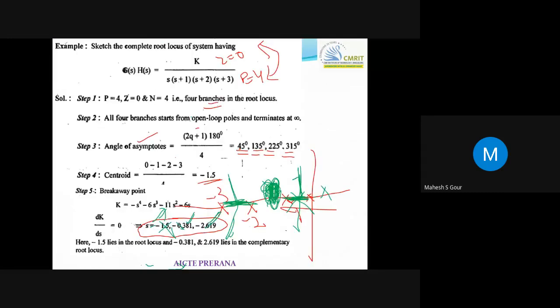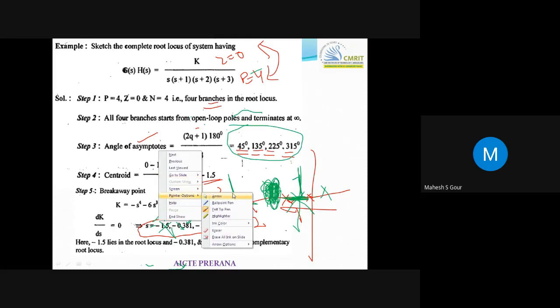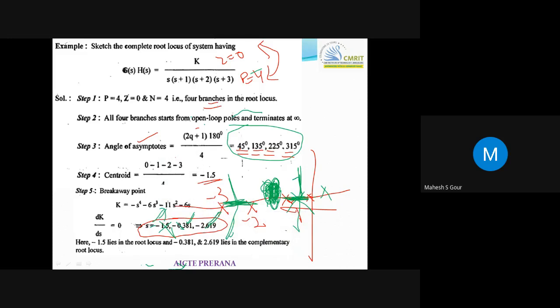Now, after this, what are the angles of asymptotes you got? 45, 135, 225, and 315. Right? So the angle will be going like this. From here, what is the centroid point? Minus 1.5, right? At -1.5, as you know, centroid is a point where asymptotes end. One end will terminate at centroid, other end will go to infinity.